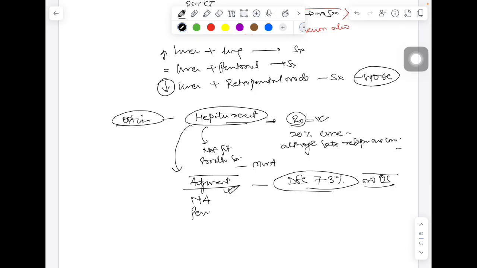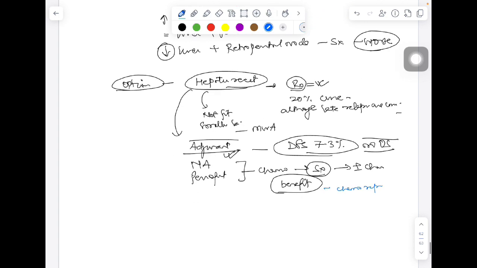Neoadjuvant or perioperative, so giving some chemo, then doing the surgery, that is hepatectomy I am talking about, and giving plus minus chemo thereafter. There are benefits, like chemo response, then shrinkage of tumor, better surgical plane. But there are two unusual things.